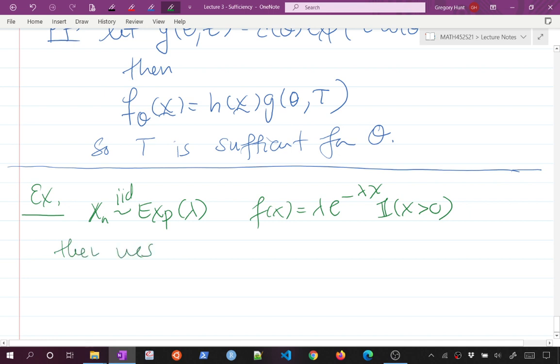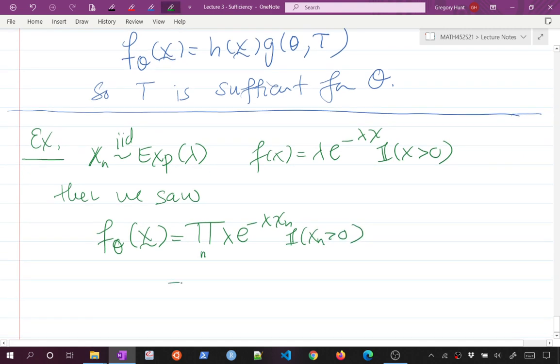Then we saw, how could we write this out? So this is my joint distribution, which is the product, something like this.